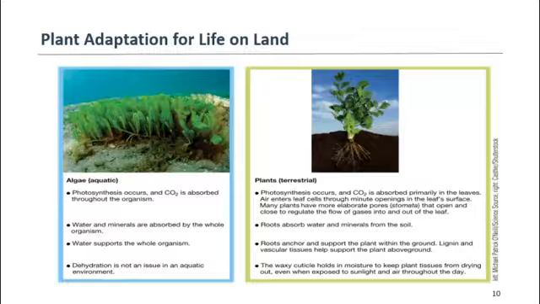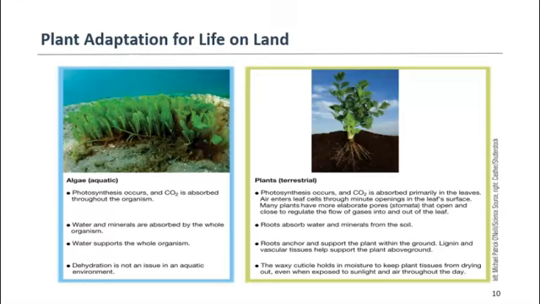If it's living on land, once again, gravity can be a bit of an issue. There's no longer water to support it, so they infuse their cell walls with different structural components. Lignin is a very thick, tough fiber that's embedded in their cell walls, and that helps to provide support to the plant tissues.